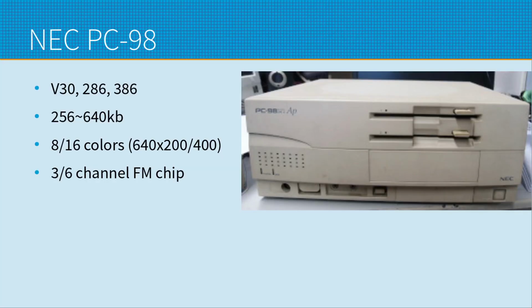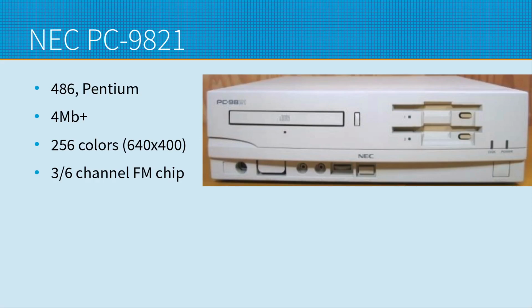Next, we have the NEC PC9821. This was back when DOS PCs started to have SVGA graphics. So NEC did a slight upgrade by still having the same resolution as before, but this time we get 256 colors.